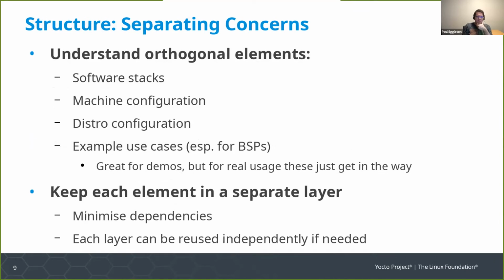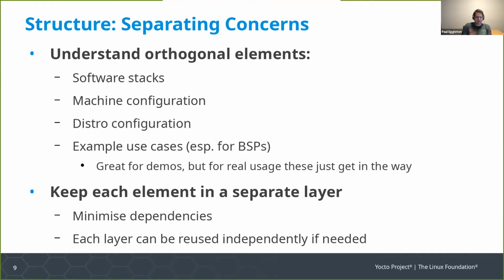So let's talk a little bit about structure. Yocto Project OpenEmbedded provides a number of different kinds of orthogonal elements. That is, different software stacks, say, web server or some sort of language that you're enabling, basically, pure software.